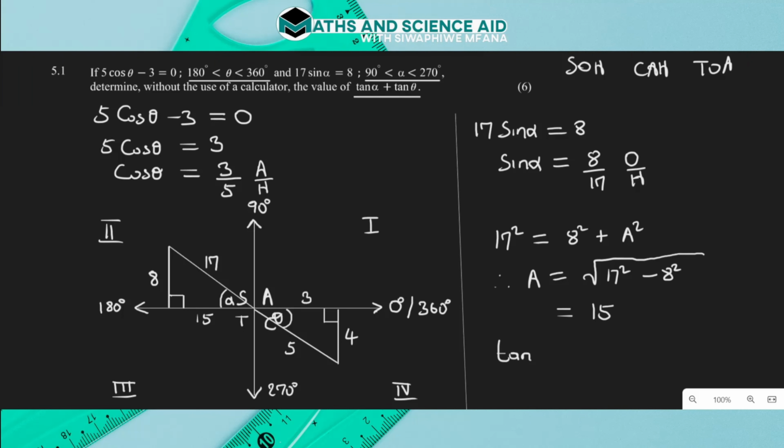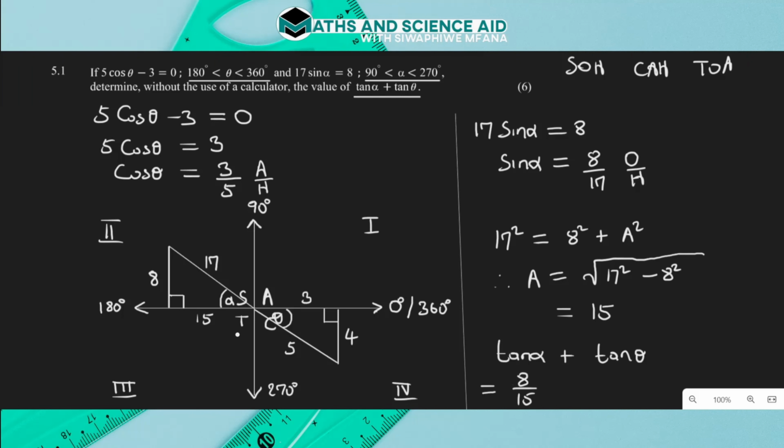So tan alpha plus tan theta is going to be equal to, so just remember that the tangent ratio is equal to the opposite over the adjacent. So for tan alpha, we need to go into the right-angled triangle that has alpha. So here we can see that the opposite side is equal to 8, while the adjacent side is equal to 15. So tan alpha is going to be 8 over 15.